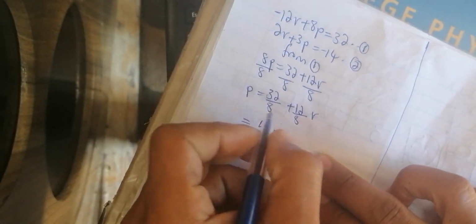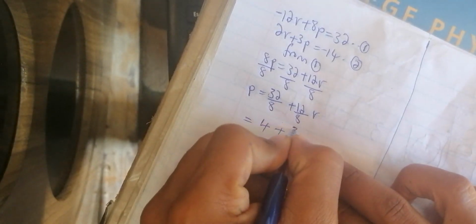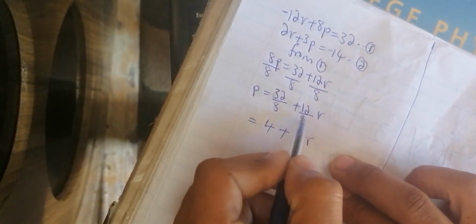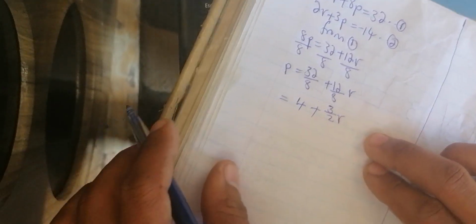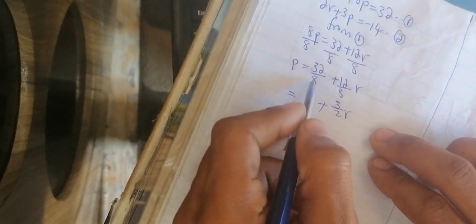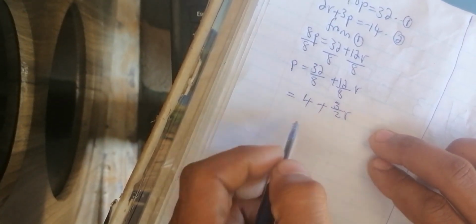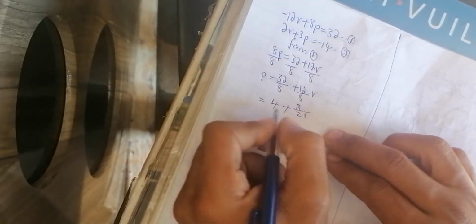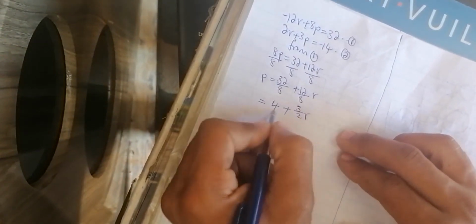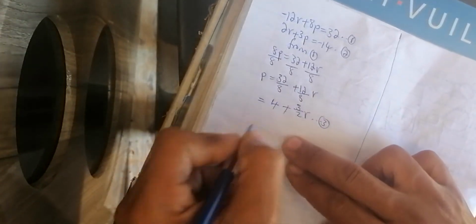So we have this is 4 and this is 3/2R, because you will be dividing both numerator and denominator by 4. And even here, how many 8 can you pull out of 32? 4 of them. Right, that is fine. And then from here, this would be the value of P. Now because we made P the subject of the formula, we would say this is equation 3.